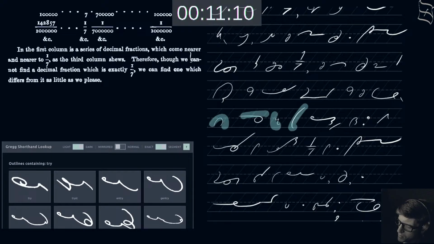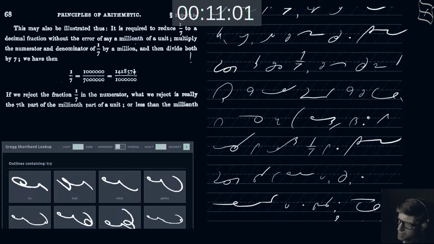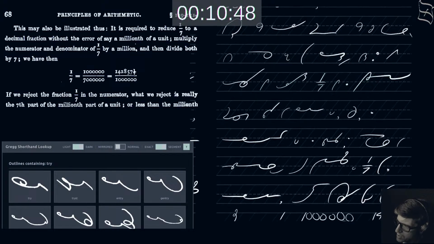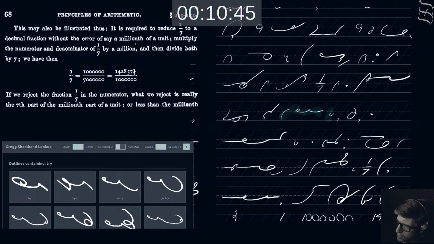This may also be illustrated thus. It is required to reduce 1 over 7 to a decimal fraction without the error of, say, a millionth of a unit.